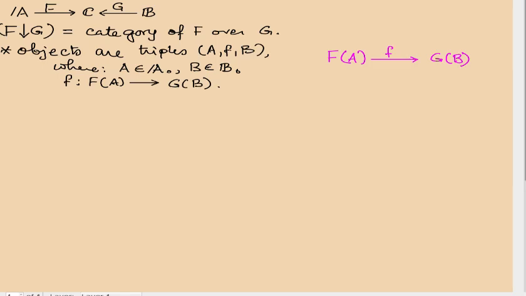Now, what would be the morphisms? So we would like a morphism from here to here. So we have another object over here.